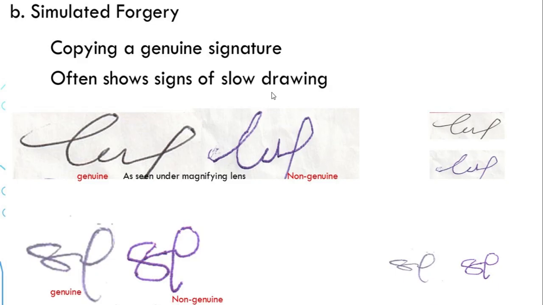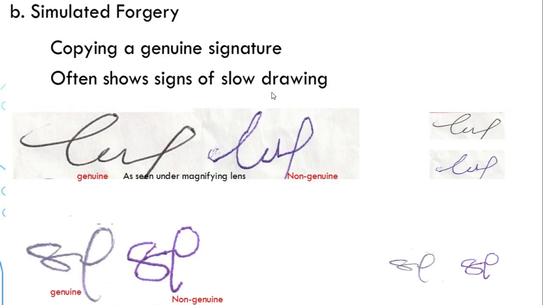So at times they may place the two papers against a light, then draw it. Trace forgery is created by tracing over a genuine writing, and it may show tremors, retouching, and lack of natural variation.